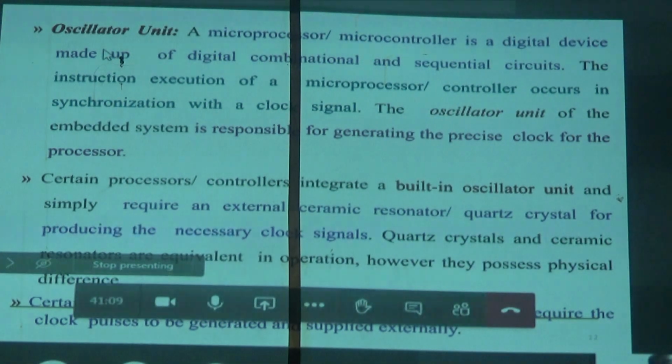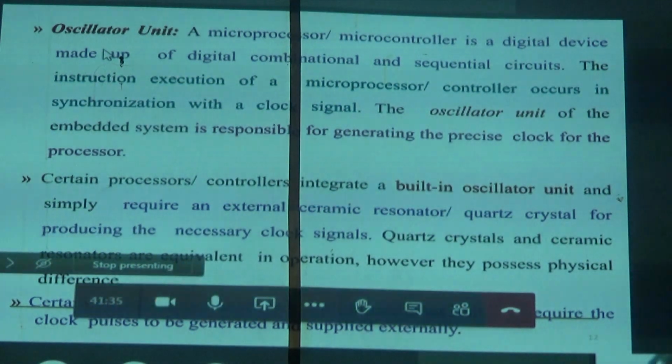The oscillator unit of the embedded system is responsible for generating the precise clock for the processor. Certain processors or controllers integrate a built-in oscillator unit and simply require an external ceramic resonator or quartz crystal for producing the necessary clock signals. So how are these clock signals generated? They are generated with the help of an oscillator circuit consisting of a resonator.